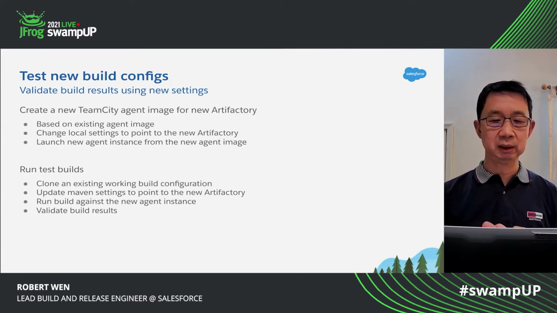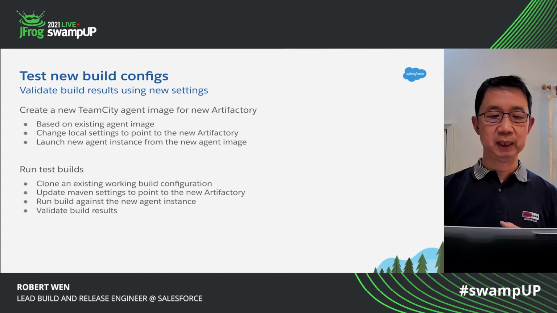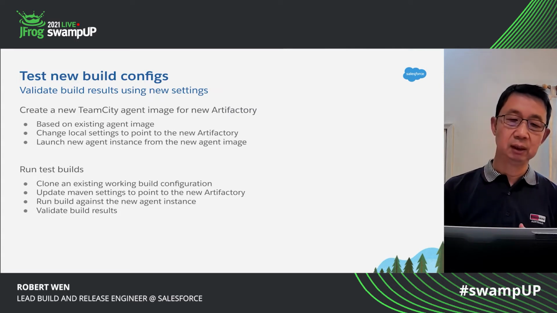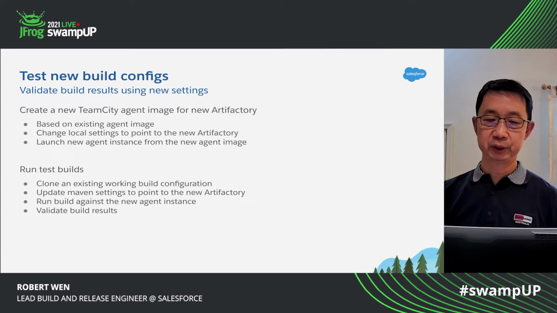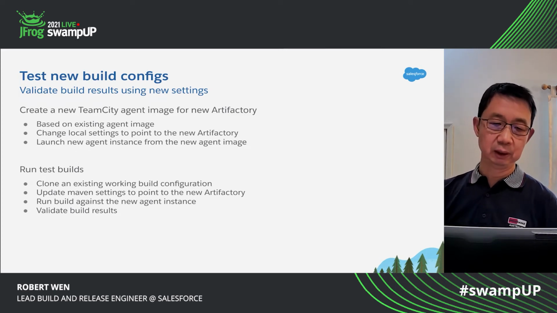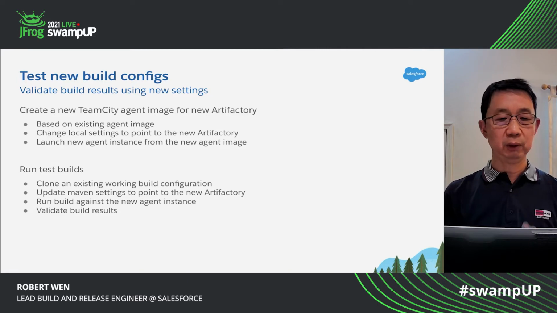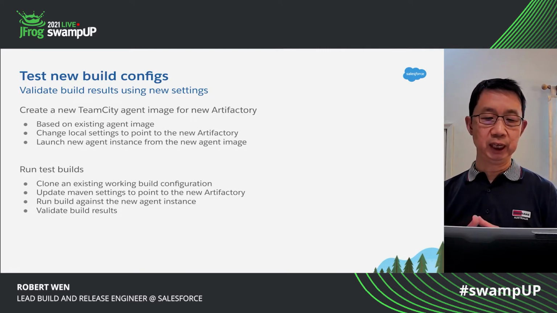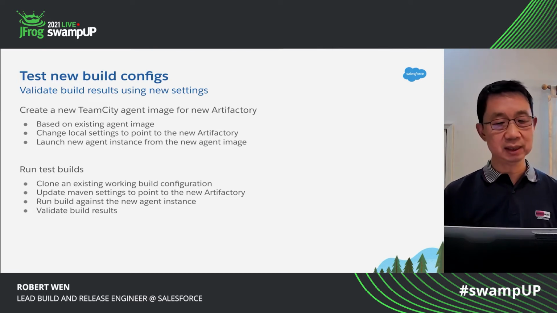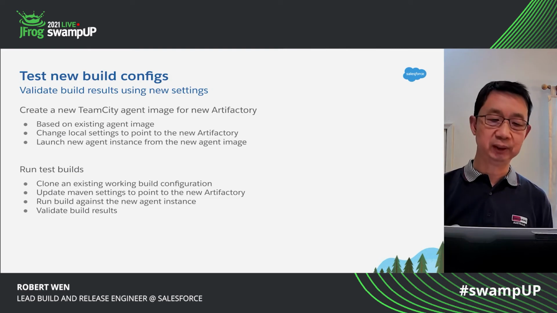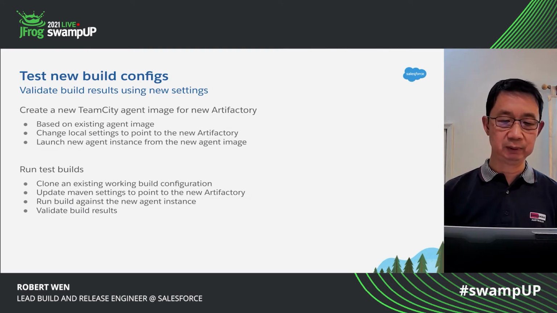This new TeamCity agent image is based on the existing build image. Then we change the local settings to point to the new Artifactory server, followed by launching a new agent instance from the new agent image. By using the new agent instance, we are able to carry out test builds.